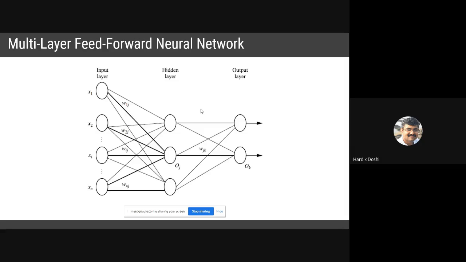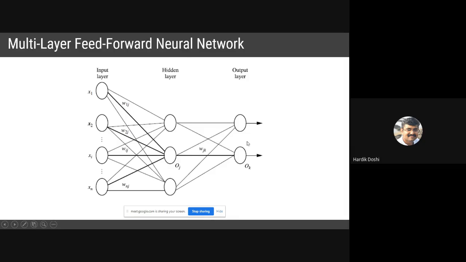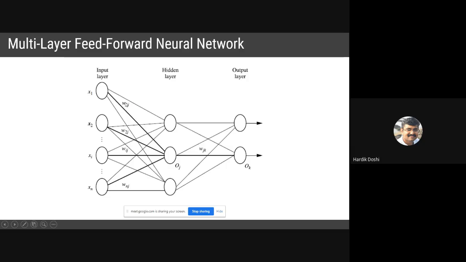So how can this be done? Let's see. I am teaching you the basic theory. Iteratively process a set of training tuples and compare the network's prediction with the actual target known value. Actual target known value means output. This is our target value. For each training tuple, the weights are modified based on the error compared with our actual output.